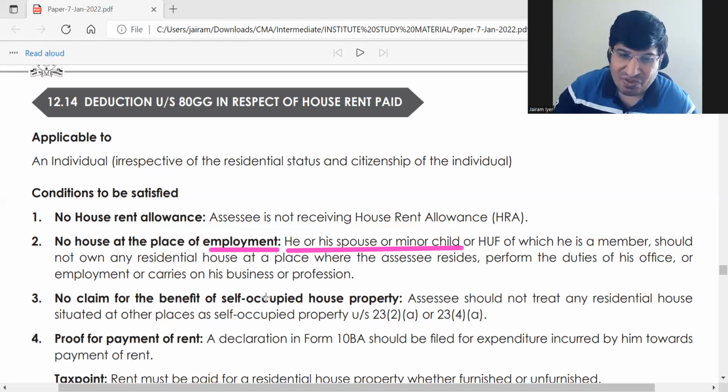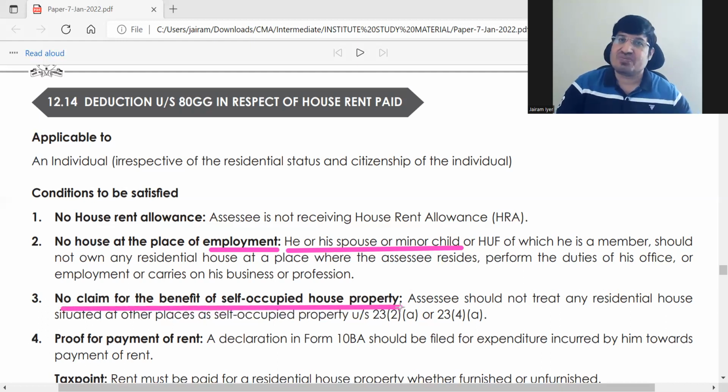Yes, he can, but he cannot claim the benefit of self-occupied property. We saw in house property that you can claim 2 houses as self-occupied. If you want to take deduction under 80GG, you cannot claim benefit under self-occupied house property.